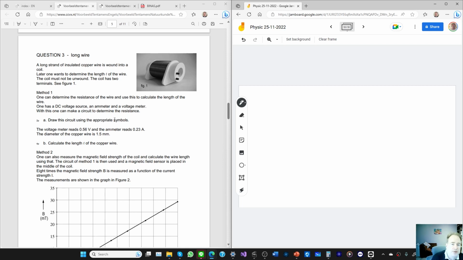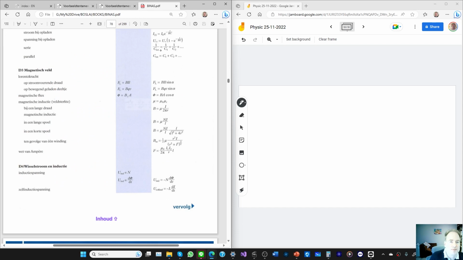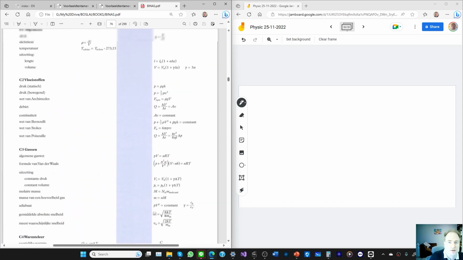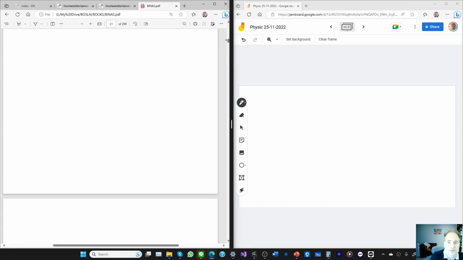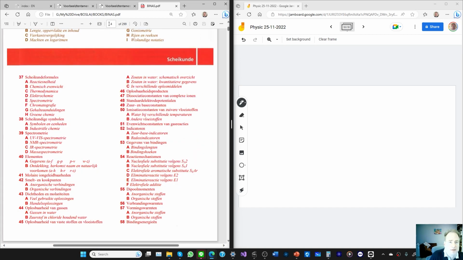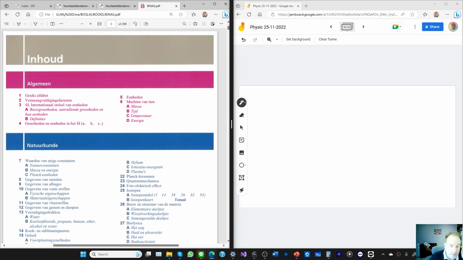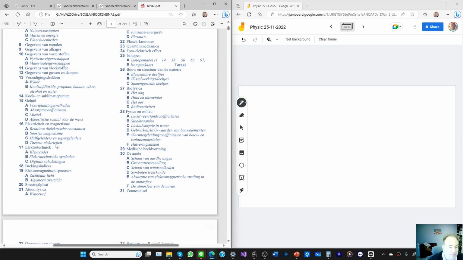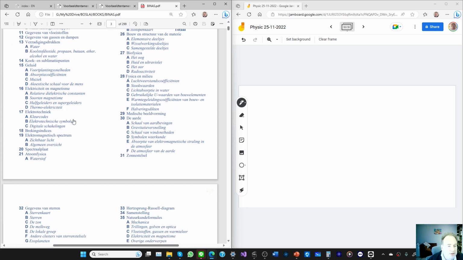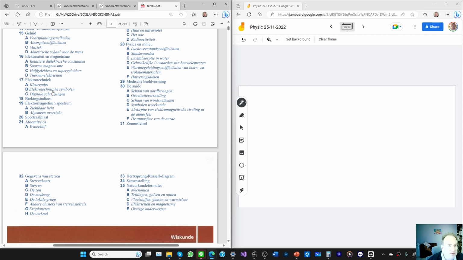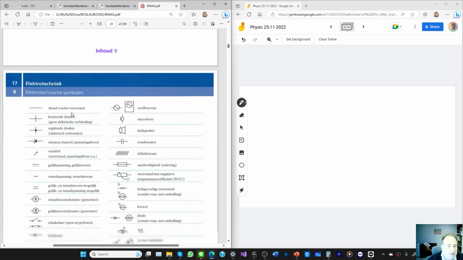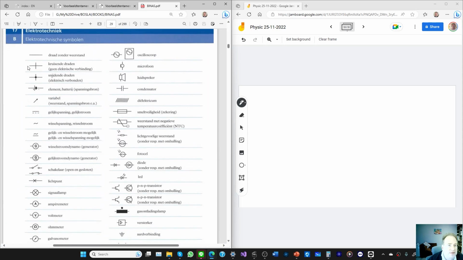Draw this circuit using the appropriate symbols. So what are the appropriate symbols? Well, we have our booklet here. Go to the section about electrotechnique, and there is a table about symbols to use.